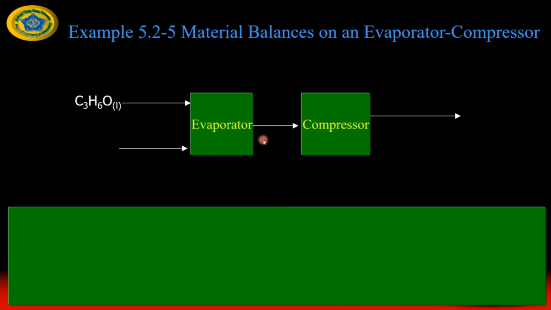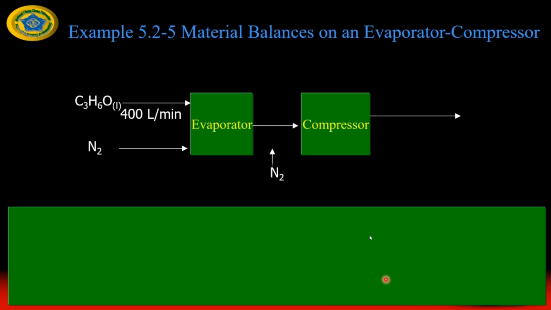I'm sure you know the evaporator, right? An evaporator makes something evaporate, so the species goes from liquid form to gas form. 400 liters per minute will be fed into this evaporator, and then you have nitrogen, which is a carrier gas, going into this evaporator.